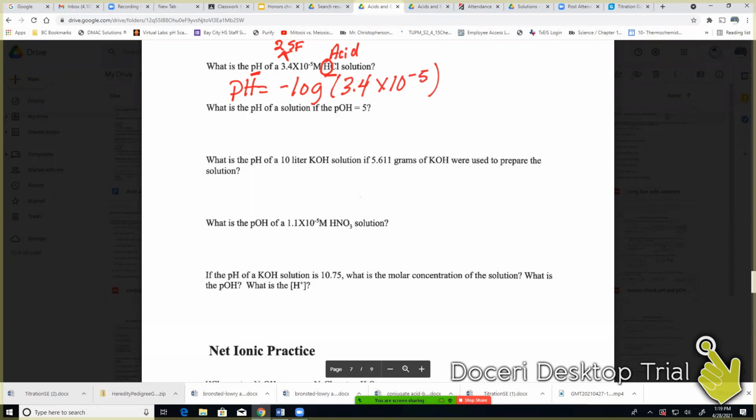And we said we should have 2 places behind the decimal so I can have 2 sig figs. So we're going to do 2 places behind the decimal. So what would you get then? Yeah, 2.47, right. And that is my pH.